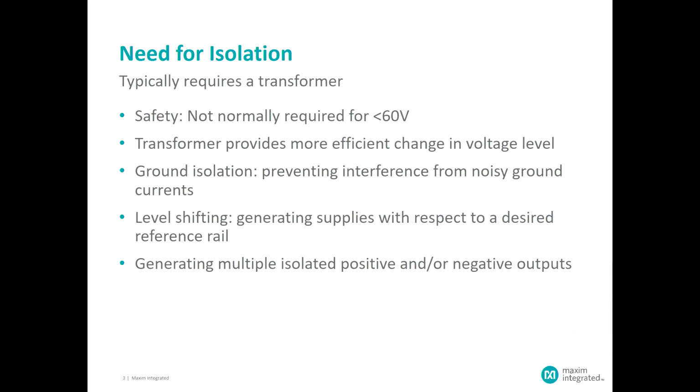Some of the other benefits that come with isolation are being able to have separate grounds to prevent noisy grounds from getting into sensitive circuitry, or to possibly do some level shifting to generate voltages that are referenced to some other voltage besides ground, or the possibility of just generating multiple voltages, positive and negative, for example. All are aided substantially with the application of a transformer in the power path.